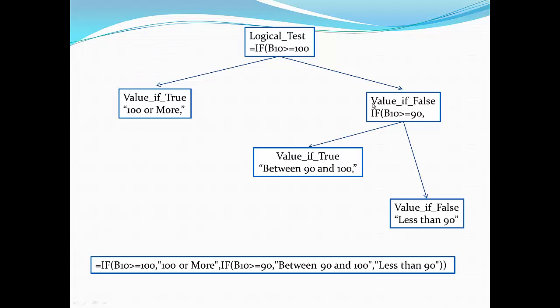If it's not true, we're going to put in the value of false argument, another if function. We're going to nest an if function to check to see if B10 is greater than or equal to 90. So when we create this if function, we want to start with the biggest amount and move down, because it will exclude the amounts that we've already tested for.